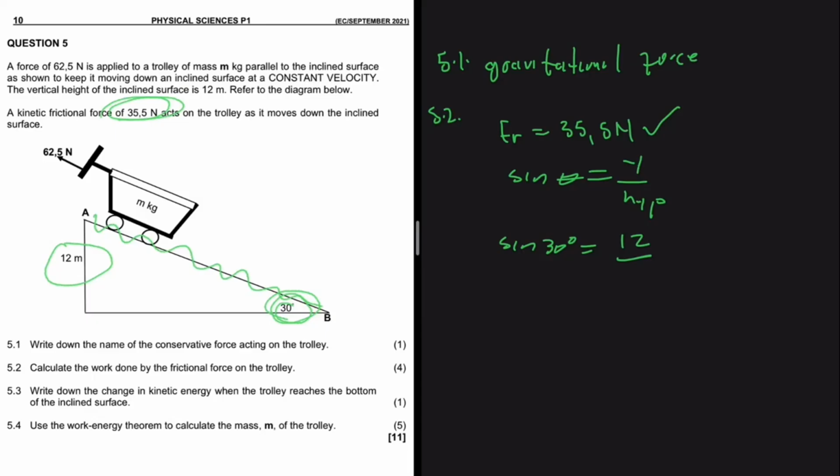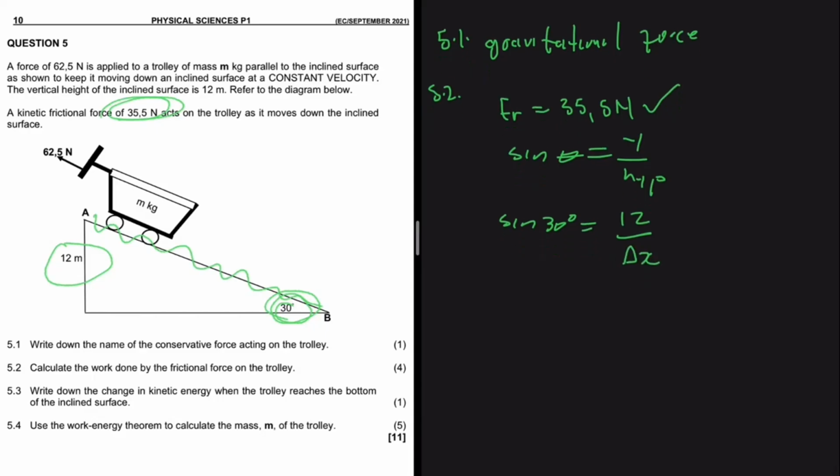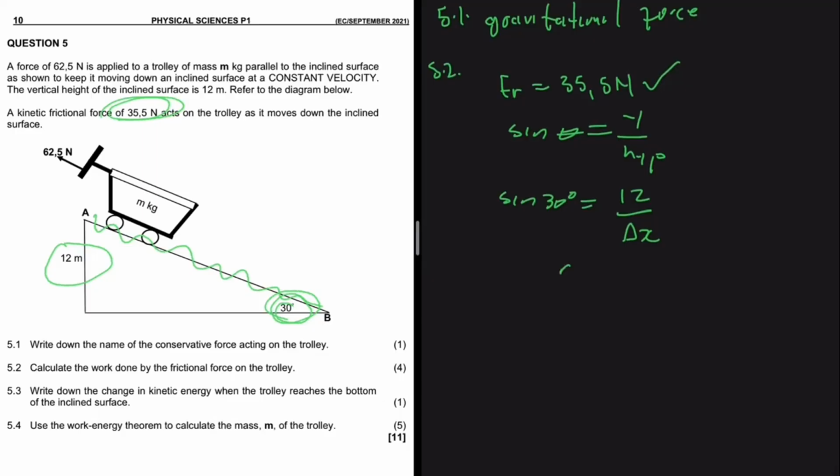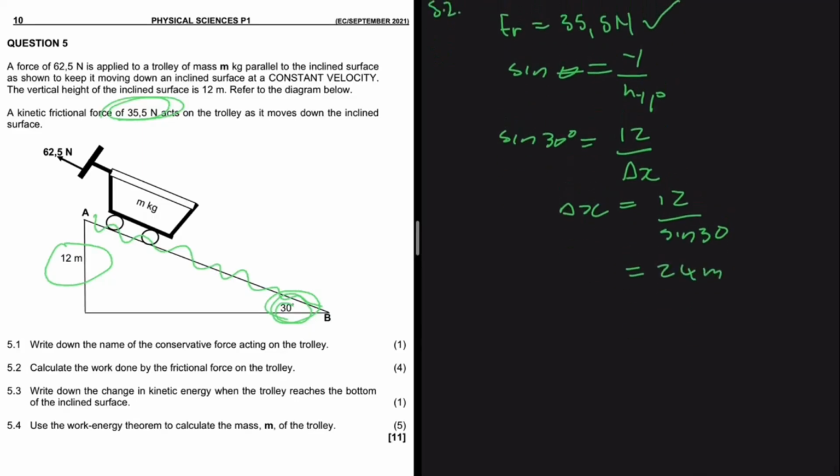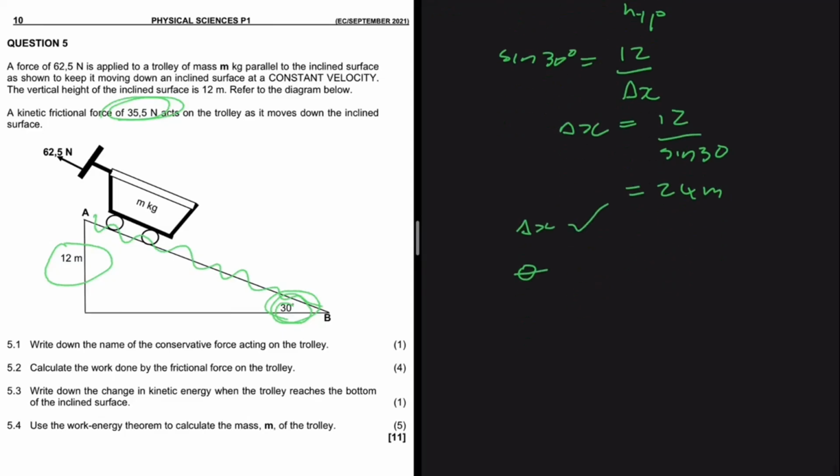That's what we are ultimately interested in, so we can label that as delta x. It becomes easy to see that delta x will be equal to 12 divided by sine of 30, and if we do that, we get 24 meters. So we have the frictional force, we have delta x, and then we have the angle between the frictional force and the direction of the motion.